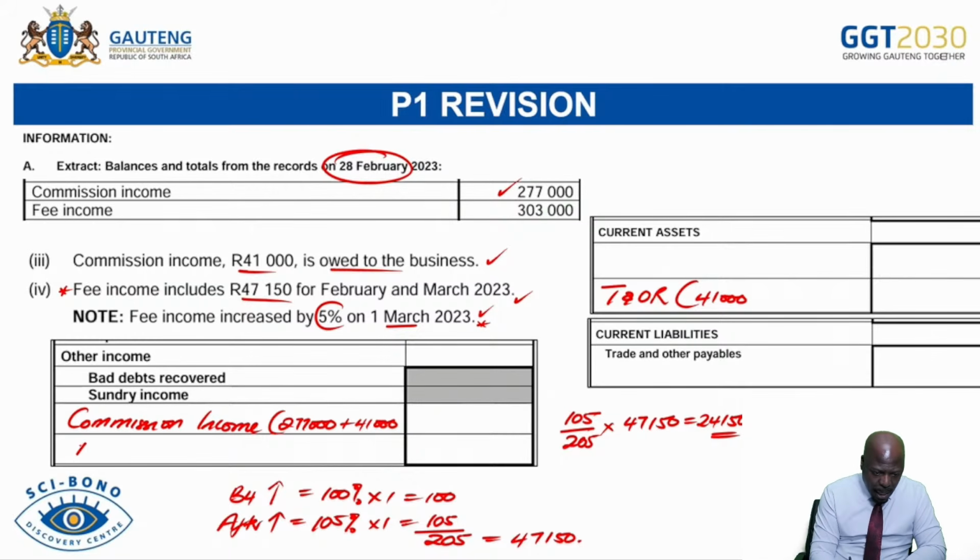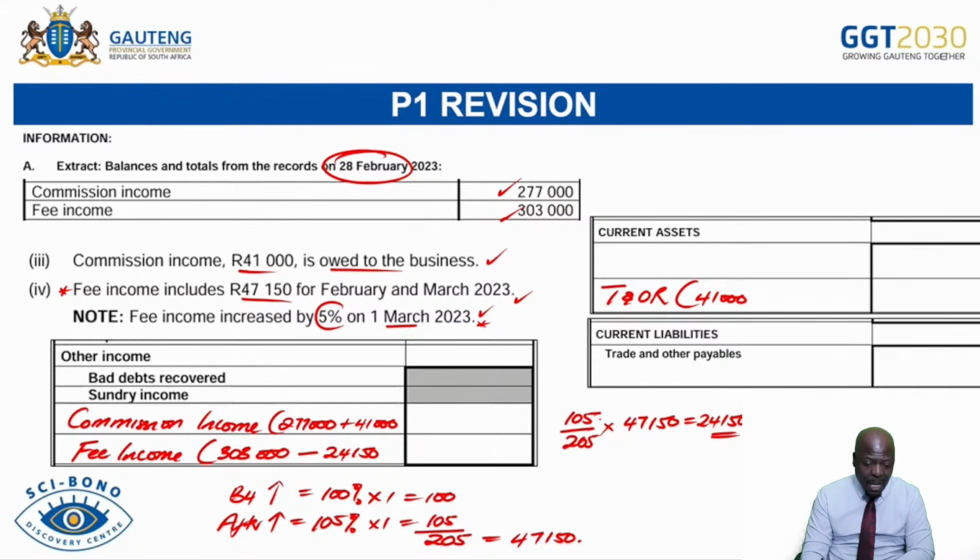So I'll come here and I'll say fee income. I open my bracket. My fee income in the trial balance is 303,000. And then I'm going to subtract the income received in advance. And the income received in advance is 24,150. And then I know if I receive income in advance, it should go to trade and other payables.